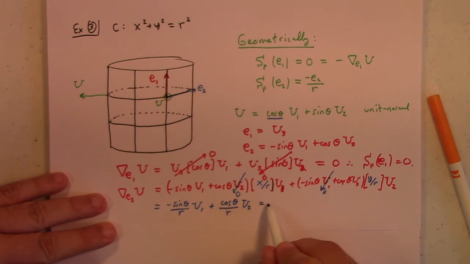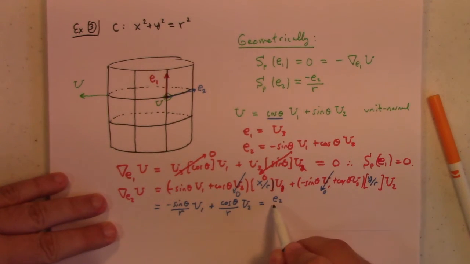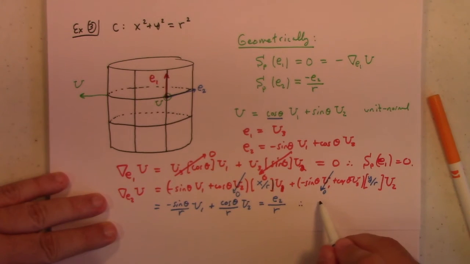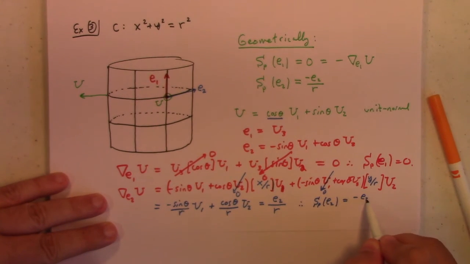But what is that? Well, that's exactly E2 over r. So therefore, the shape operator at the point P acting on E2 is equal to minus E2 over r, just as we claimed by analogy.